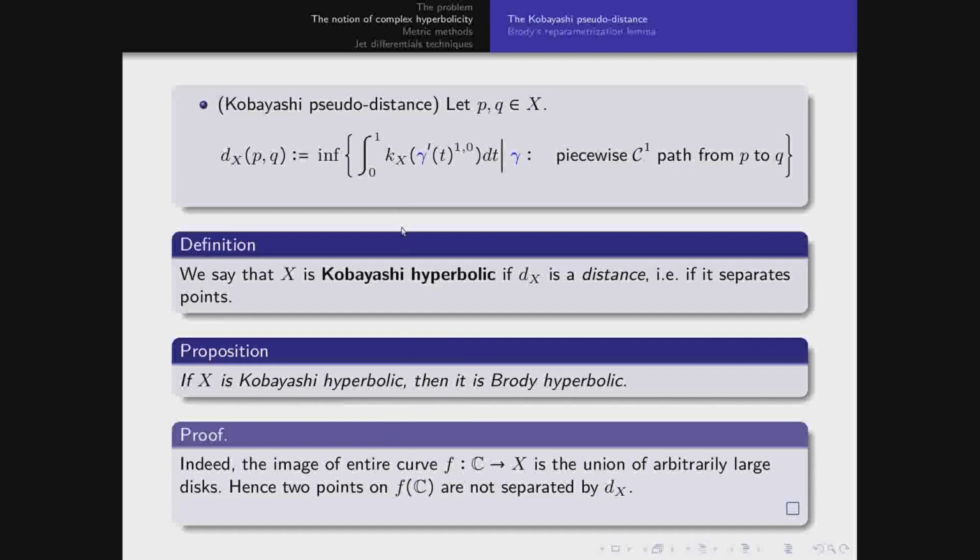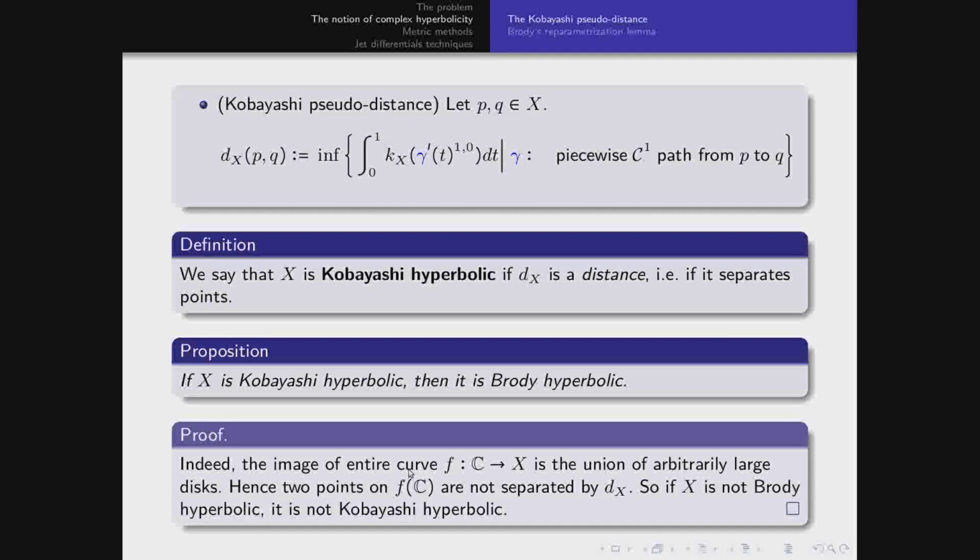So if you integrate k_X along a path inside f(C), you will get 0. And so two points of this image are not separated by the Kobayashi pseudo-distance. That's why, in that case, if X is not Brody hyperbolic, then X is not Kobayashi hyperbolic.